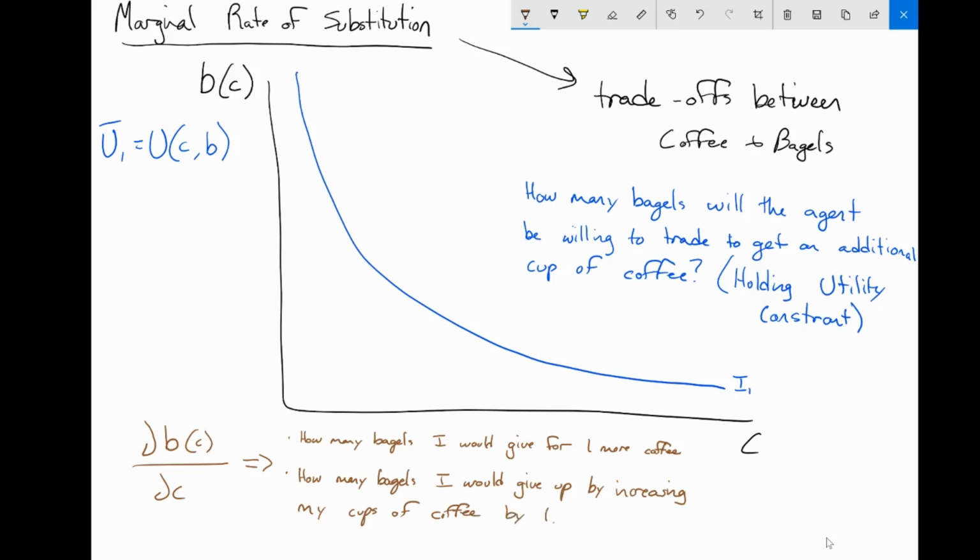So how many bagels I would give for 1 additional unit of coffee, or how many bagels I'd have to give up by increasing my cup of coffee consumption by 1. This is the marginal change in bagels given a marginal change in coffee. We call this the marginal rate of substitution. Marginal means it's changing on the margin. It's a derivative.